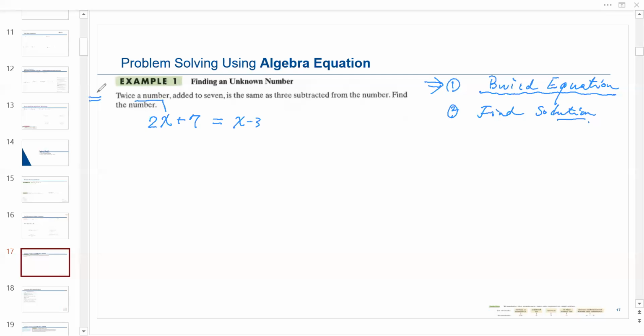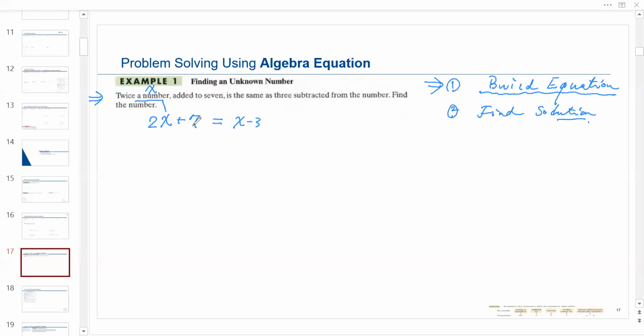So you can see how to build the equation. We need to read it at least twice before building this equation. All right. So let's read it one more time. Twice a number. You can see this number wasn't told to you earlier. It just shows up for the first time, right? We don't know the number, so we call it unknown. Let's say it's x. Twice a number means 2 times the number.